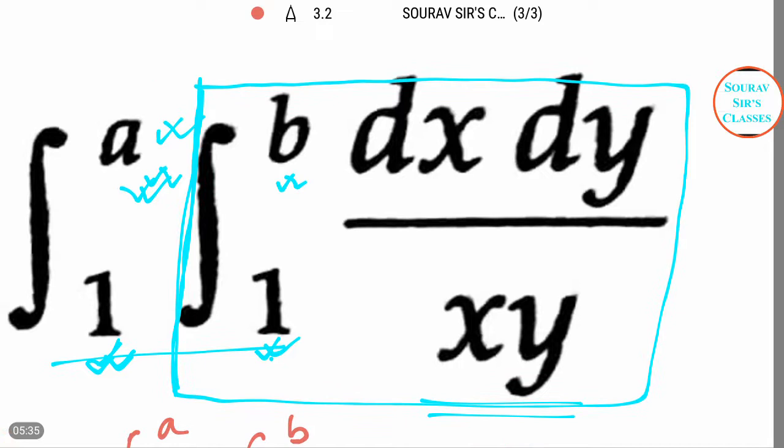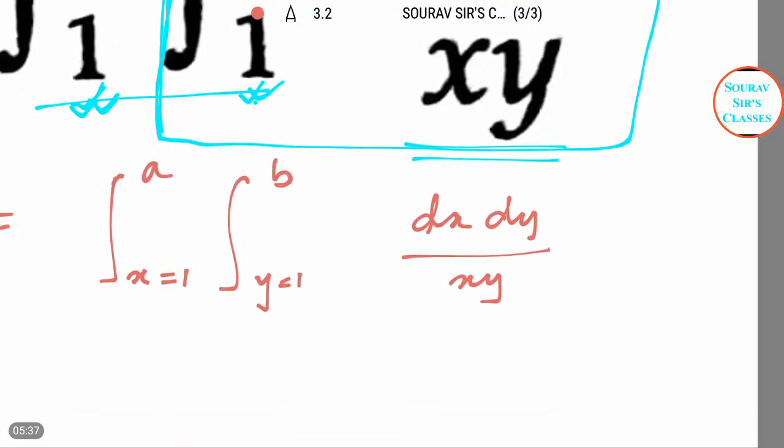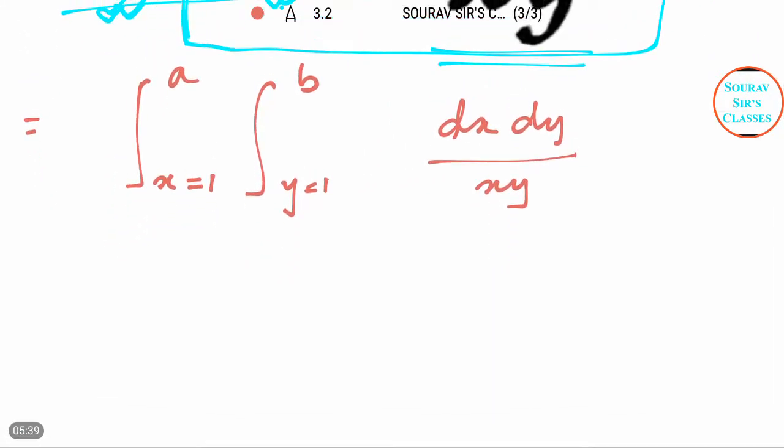We have just simplified this term in the next step. Now this is equals to, again we will integrate this part first.